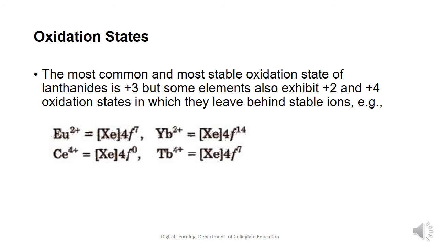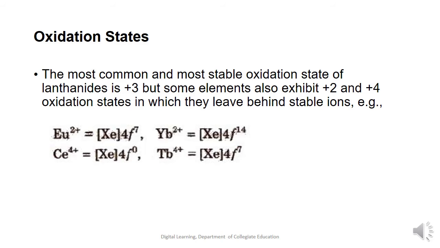In the +2 oxidation state, europium donates 2 electrons from its 6s orbital. In europium 2+, the 4f orbitals are half filled, that is, it attains 4f7 configuration, which is relatively more stable.